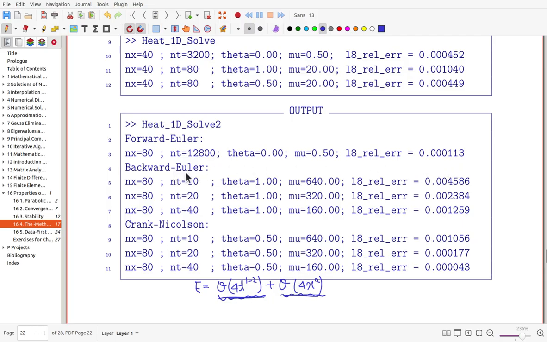Now, for backward Euler, 10, 20, 40 in the time direction, and in this case, mu is way larger than half, but now look at over there, the error becomes half and half. Looks like really about half. So that means that the Euler method is first order in the time direction.